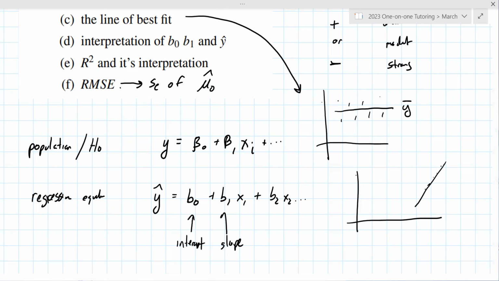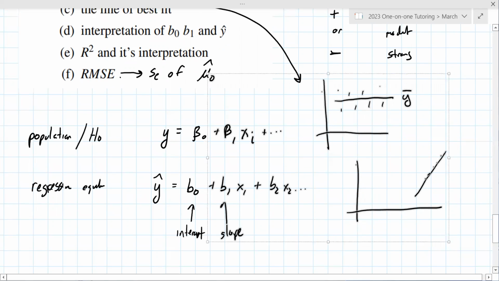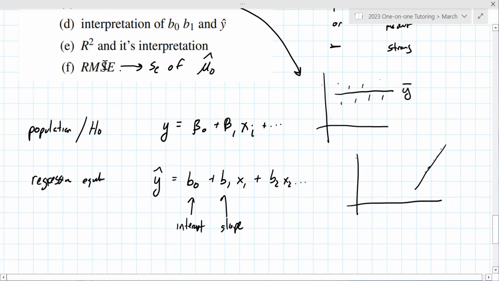Let me see if there's another interpretation of this that I'm not thinking of. So this is a measure of accuracy. There are many different forecasting methods that you may come across.